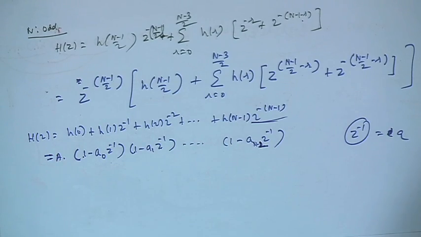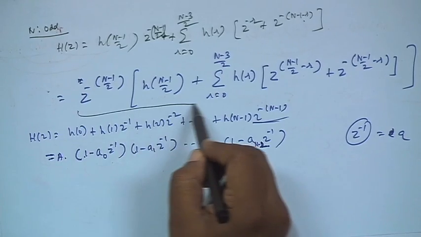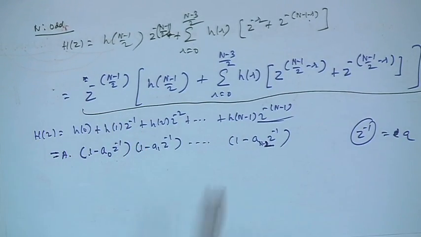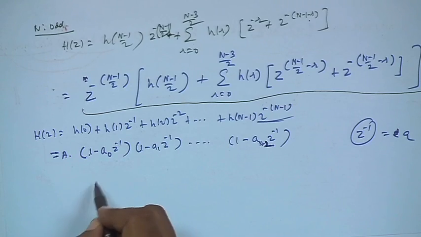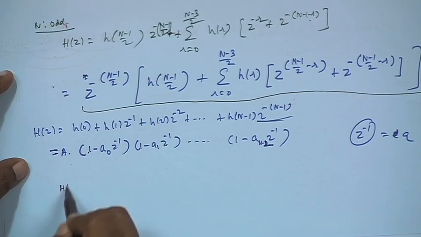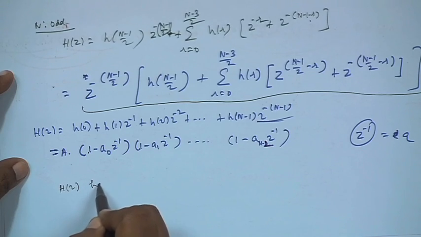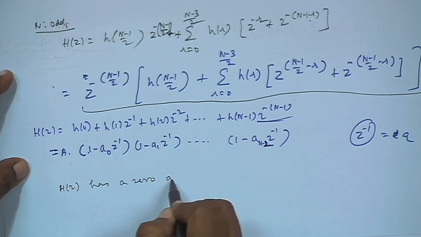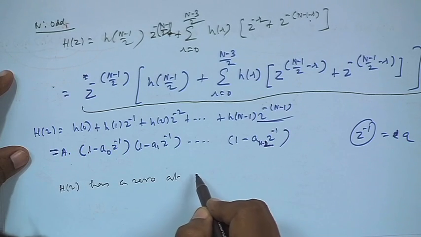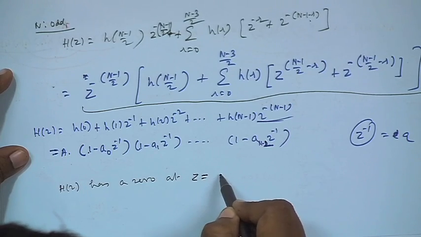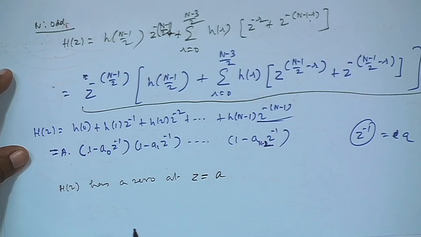Now, in this case, for this filter, this is my z transform H(z), I am writing like this. Suppose this special H(z), not this general case, has a 0 at z equal to say a.